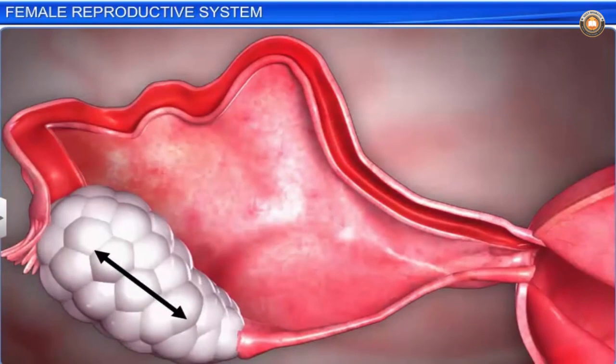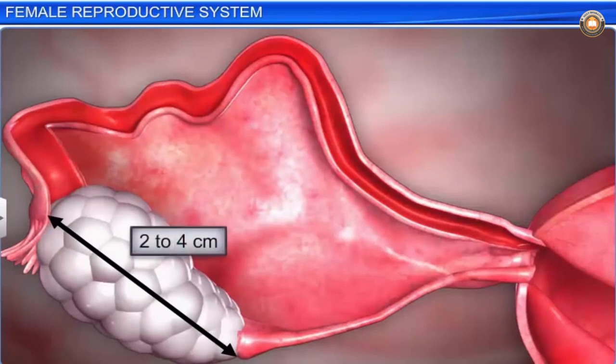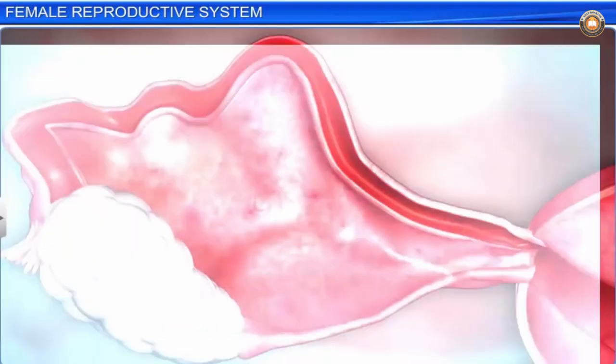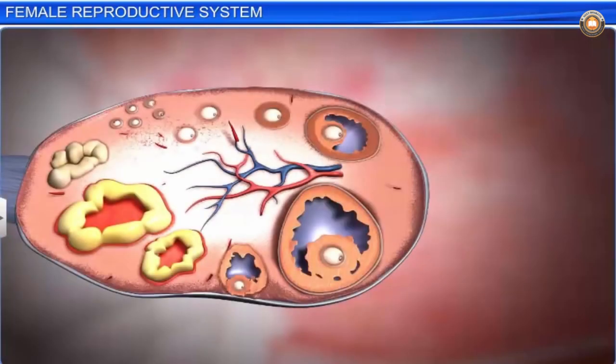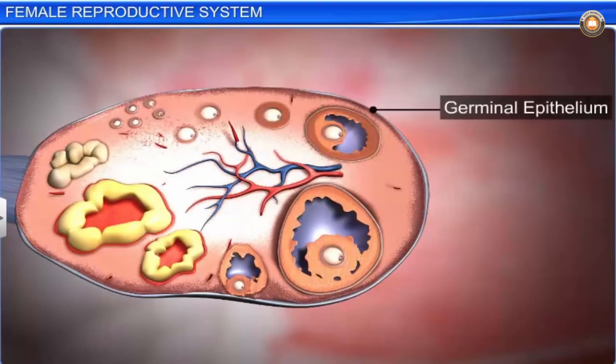Each ovary is about 2 to 4 centimeters in length. They are connected to the pelvic wall and the uterus by ligaments called mesovarium. Each ovary is covered by an outer thin layer called the germinal epithelium.